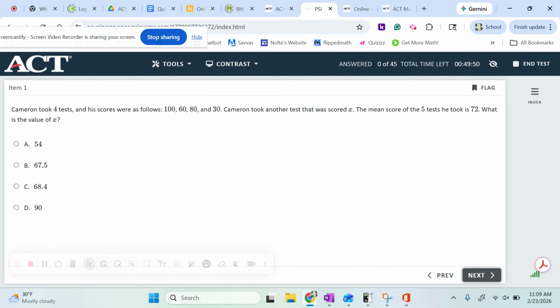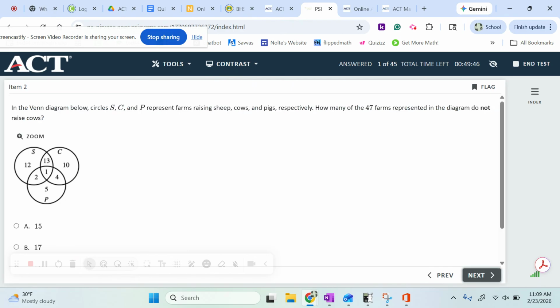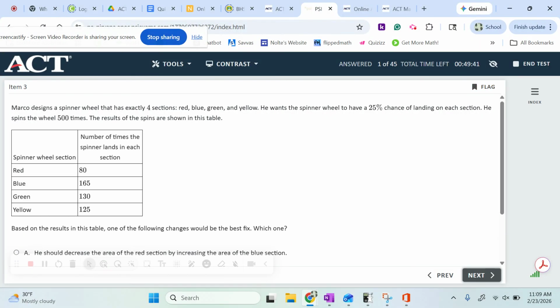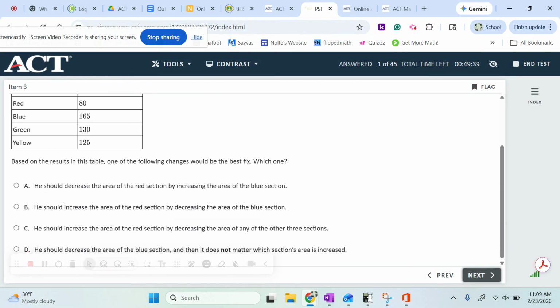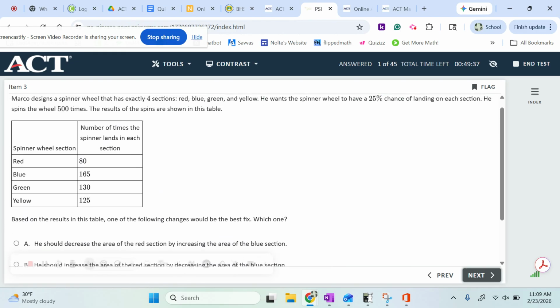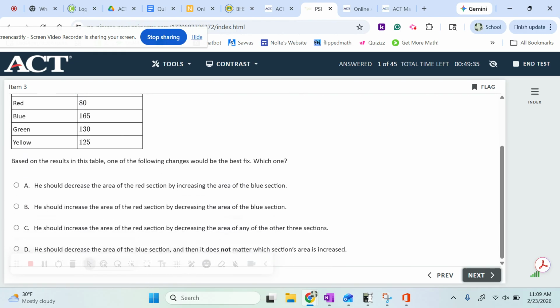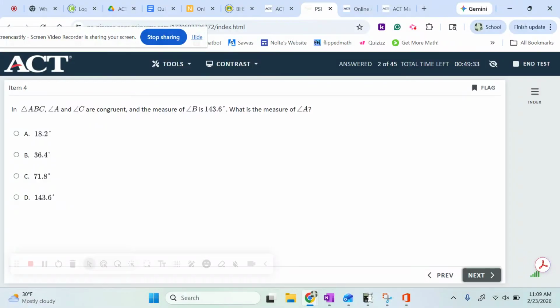You pick an answer. If you are unsure, you can flag a question, and it will take you back to it later on. Okay, so you can scroll, make sure you read all of the information, choose your best guess or best answer, and then progress. Make sure you do answer every single question.